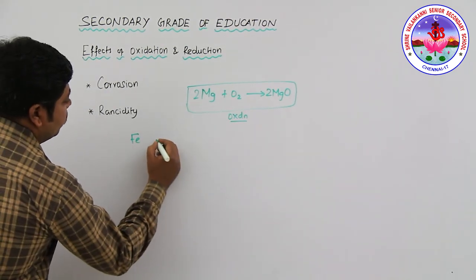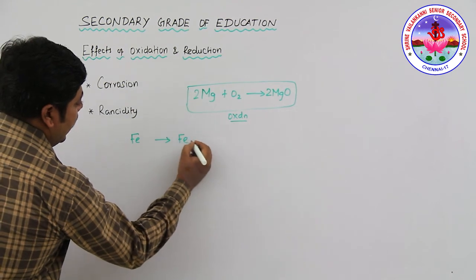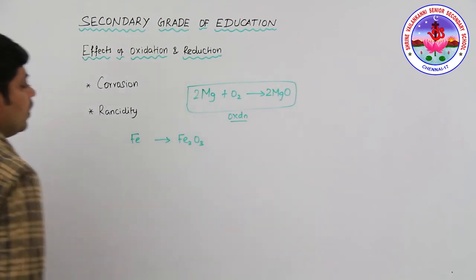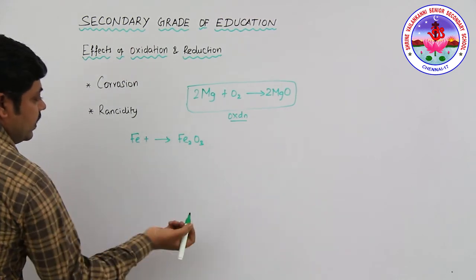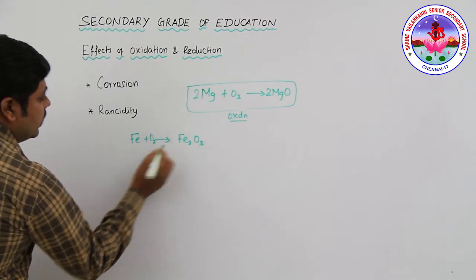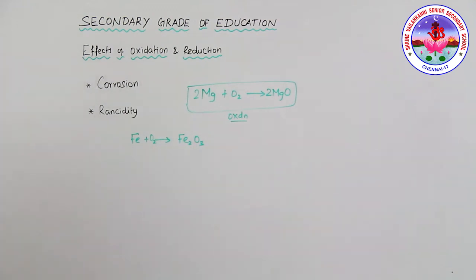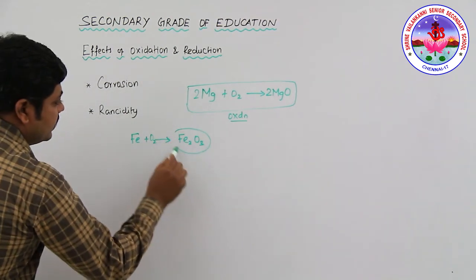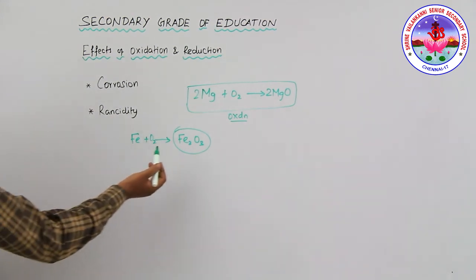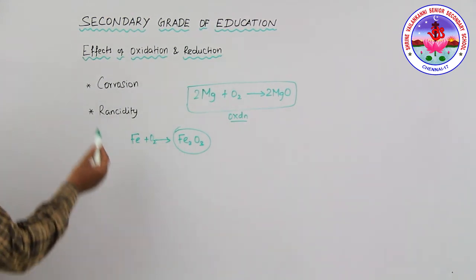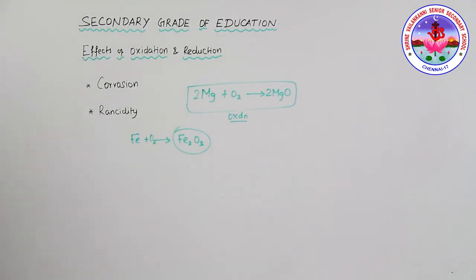So in the presence of moisture or air, it gives iron oxide. This is called corrosion, that is rusting of iron. Iron is oxidized, so it is corroded.